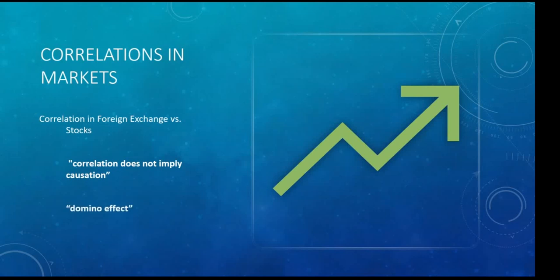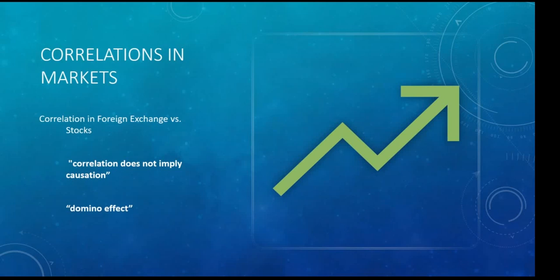I talk about the domino effect, and the domino effect in the market is real simple. If something happens in the market, what else could possibly happen? I look at it kind of like a puzzle. Every day, it's like I've got a jigsaw puzzle, a bunch of pieces sitting in front of me.